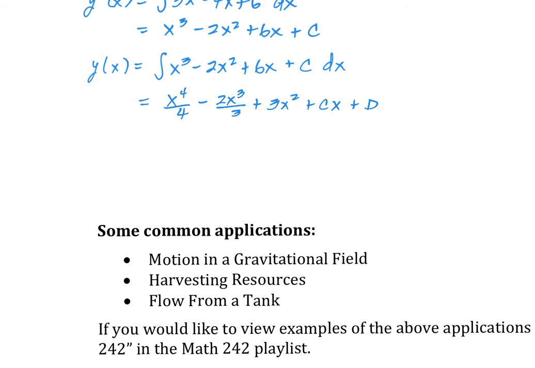And that's the best I can do. This would be the general solution, which is our function y. Again, the solution to a differential equation is to go all the way back to the original function y.